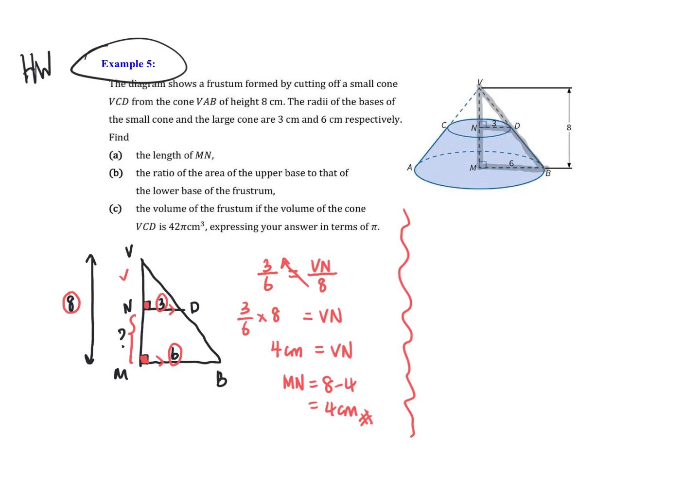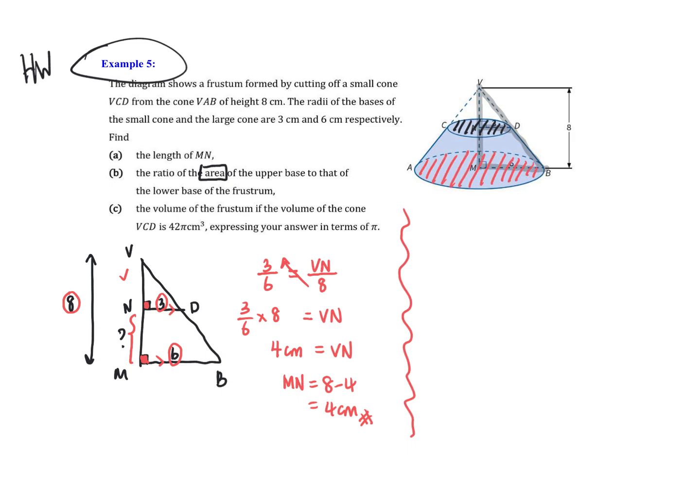Okay, B. Now we start to talk about area. Ratio of area of the upper base to the lower base. So this is the A1 that they are talking about. The lower base, the upper base. And this is the lower base. Okay, so the upper base is the black semicircle.